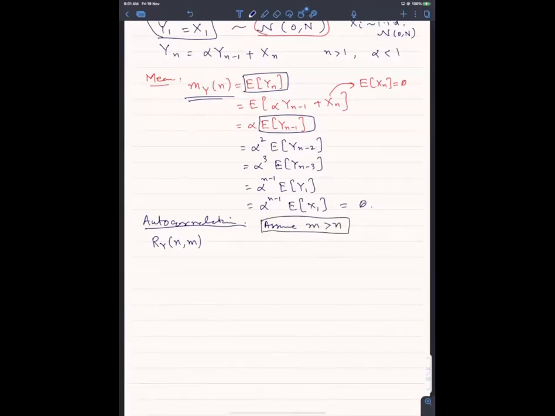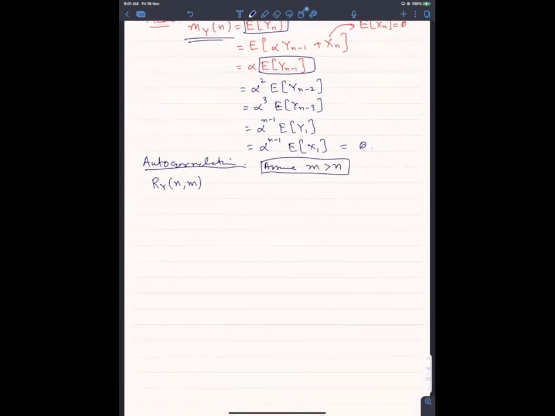We will do this later for m smaller than n as well. R_y[n, m] would be equal to the expected value of y_n y_m, which is equal to the expected value of y_n multiplied by (alpha y_(m-1) + x_m).